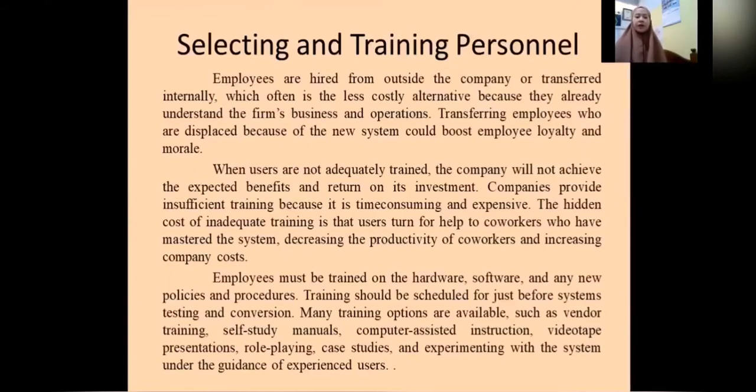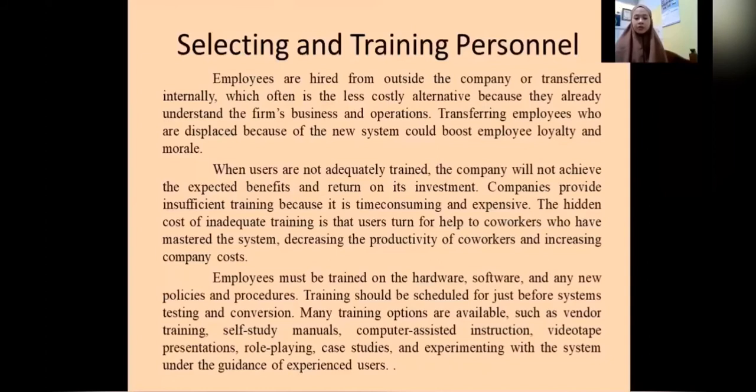Companies provide insufficient training because it is time-consuming and expensive. The hidden cost of inadequate training is the user turning to help from co-workers who have mastered the system, decreasing the productivity of co-workers and incurring company costs.